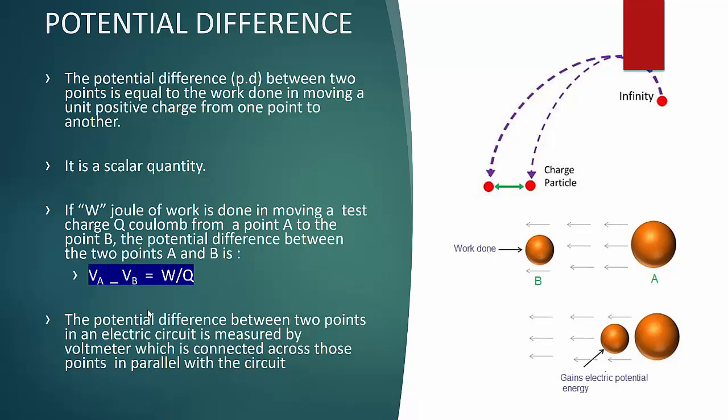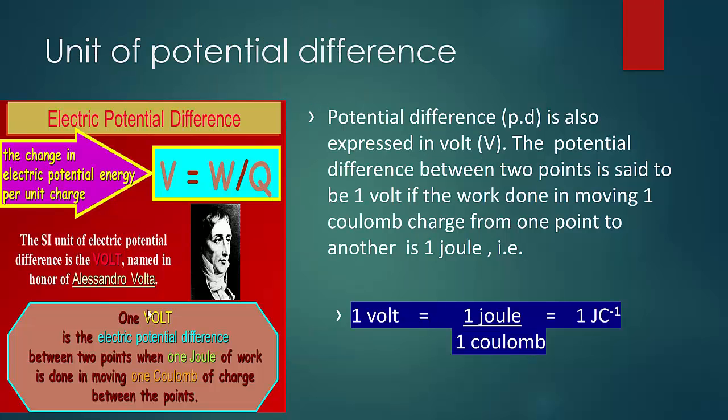For measurement of current, we used an ammeter, which is connected in series with the circuit. Here, for measurement of voltage, we have to connect it in parallel with the circuit.